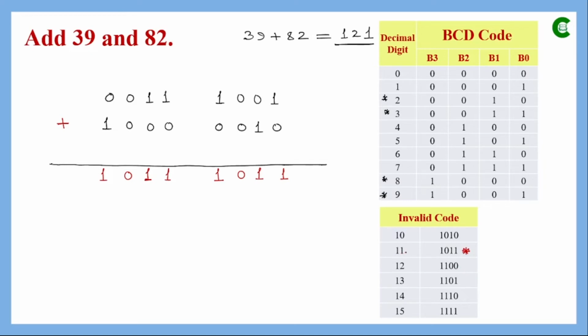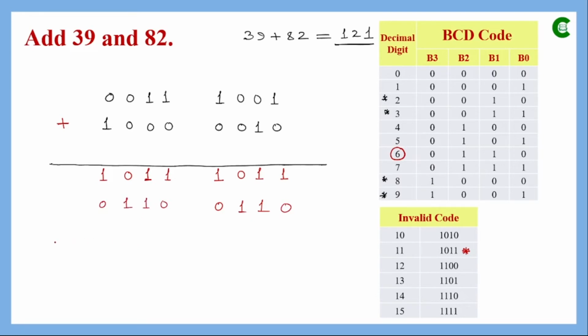We know that we have to add 6 to that result, that means 0110. So 0110 will be added to this invalid result, and since this one is also invalid, the same value 0110 will be added.